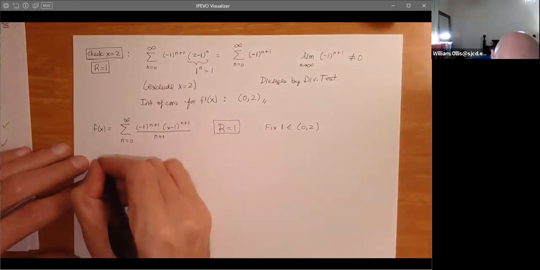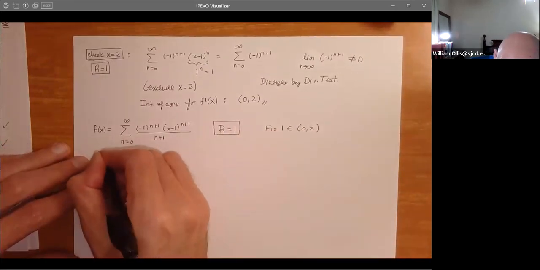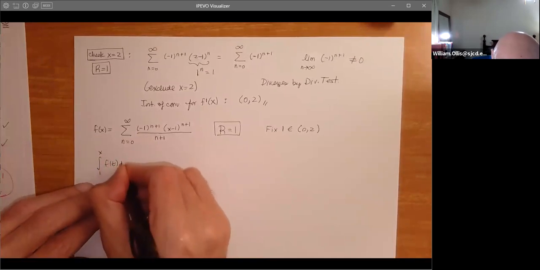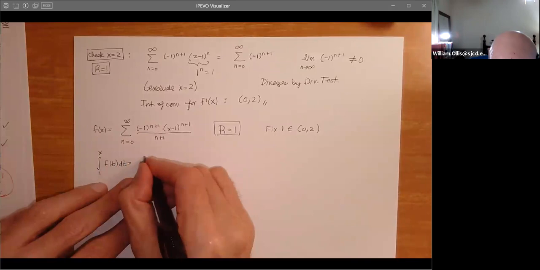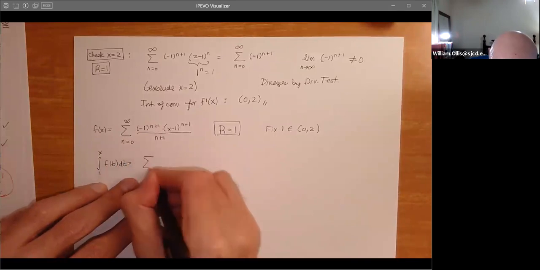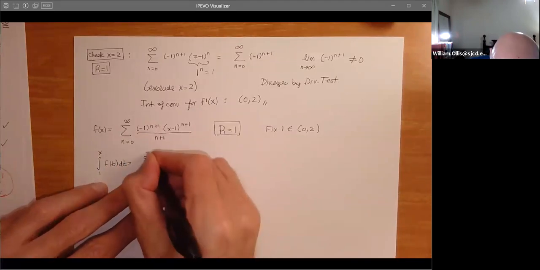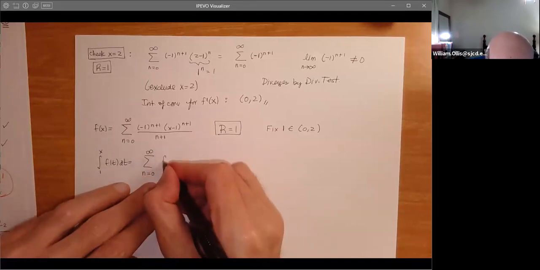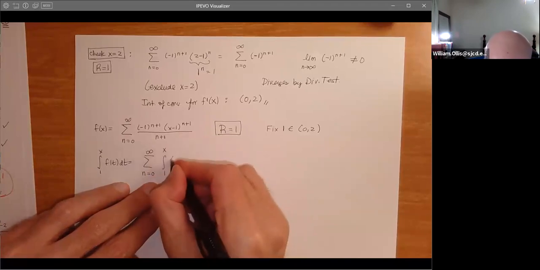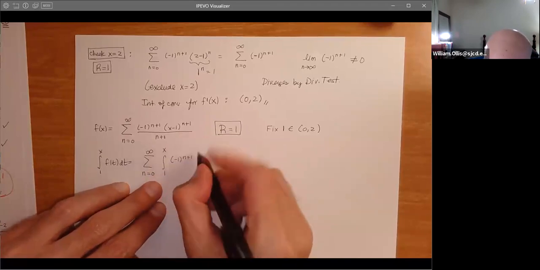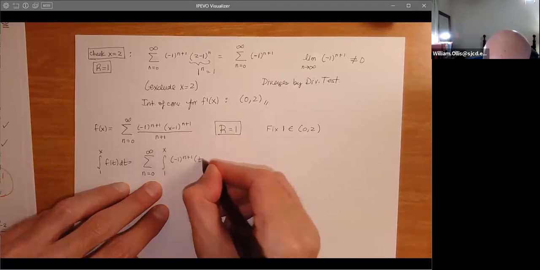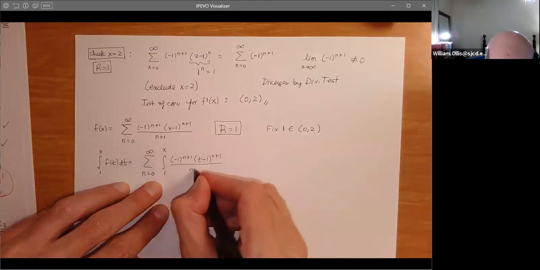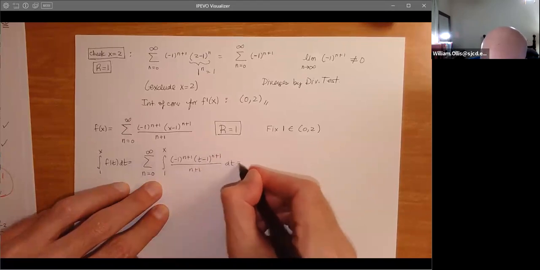So now the integral from 1 to x of f of t dt will equal the integral. So now we can interchange limit and integral. So we have n equals 0. So now we've got the integral from 1 to x, -1 to the n plus 1, t minus 1 to the n plus 1 divided by n plus 1 dt.